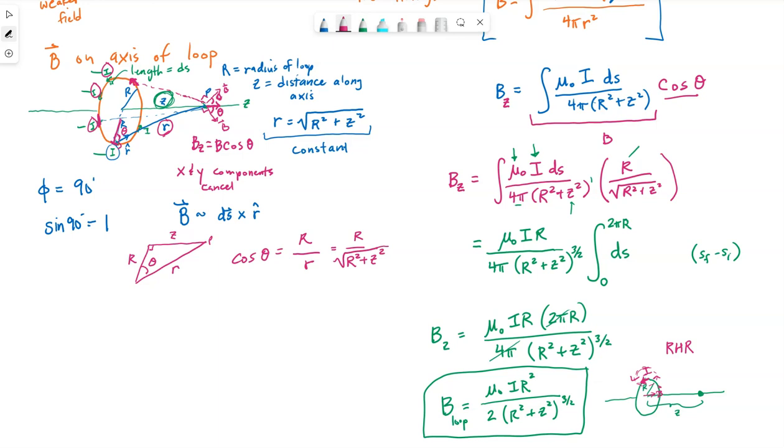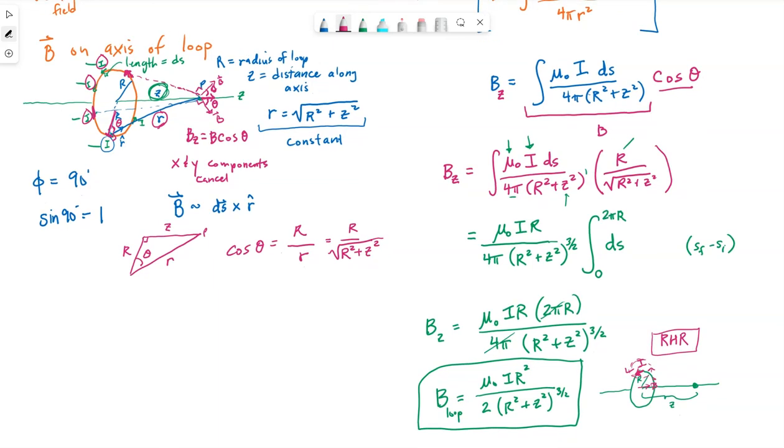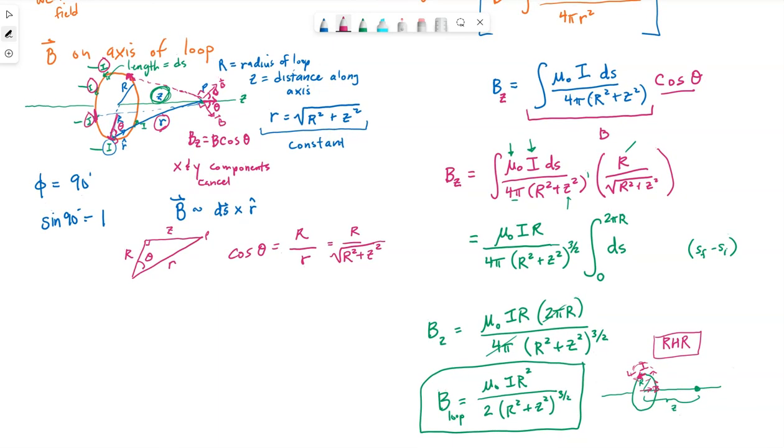It turns out with a loop, we can interchange our thumb and fingers. So far we've been looking at putting our thumb in the direction of the current. If the current is looping, it is valid to take our fingers to follow the current loop. So the current that is looping, I can take the fingers of my right hand and let them follow the loop of the current.